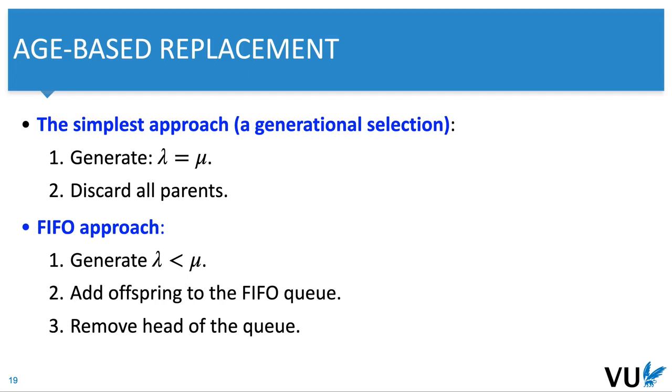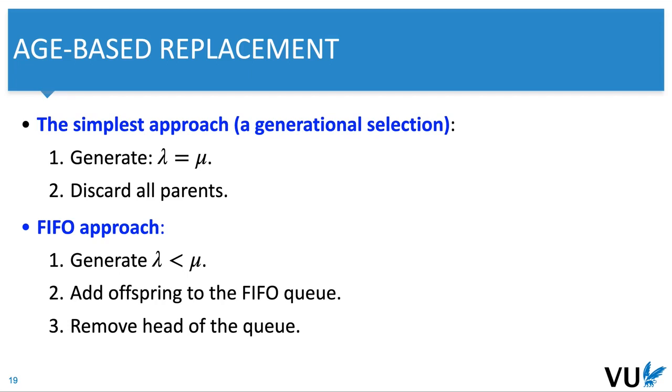In some sense, we can say that we discard all parents. We fit a distribution to the population, we generate new points, and we just select the best ones from these new points. All right. And the other approach is the so-called FIFO approach, first in, first out. We generate fewer new points than old ones.